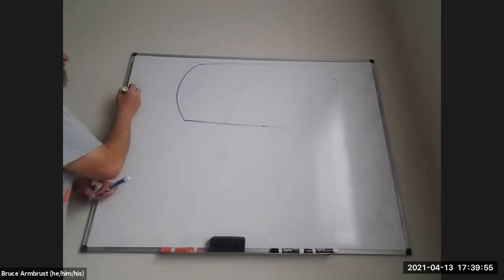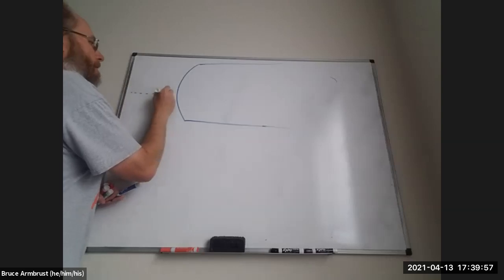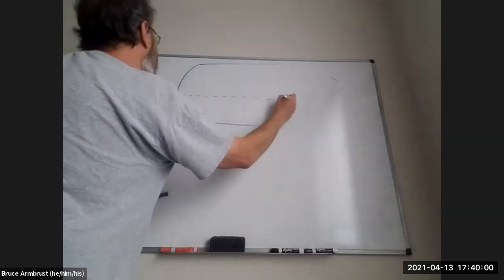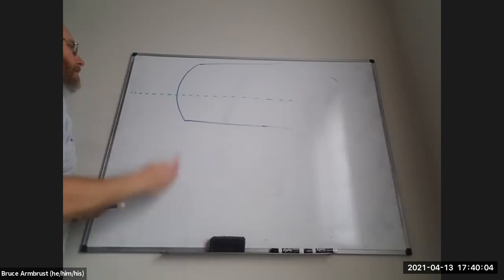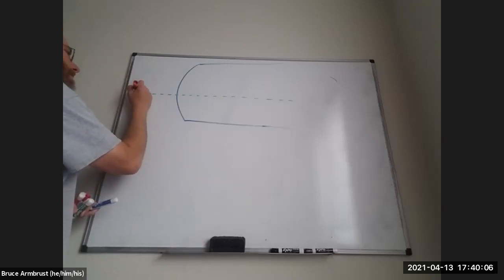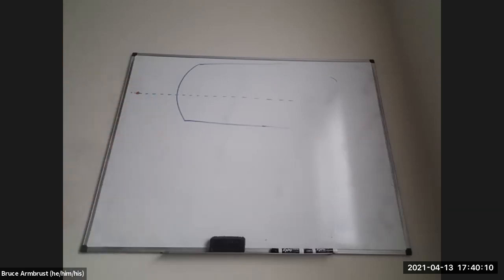Let me put on my midline. And let's put an object out here. So we're just going to look at a point again. So we're just going to have this orange point as our object.